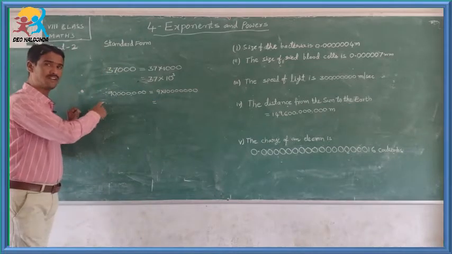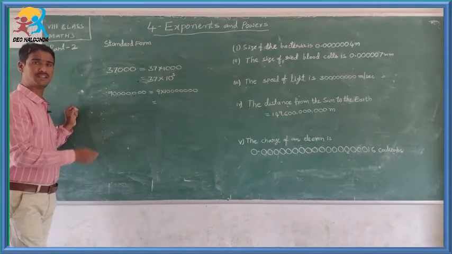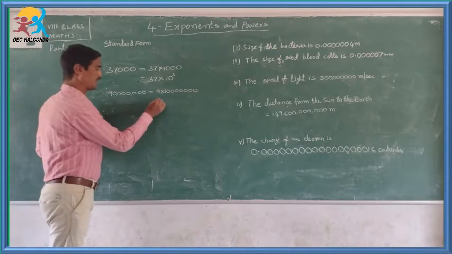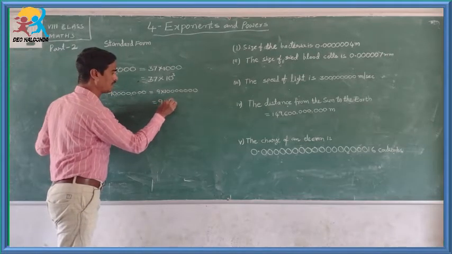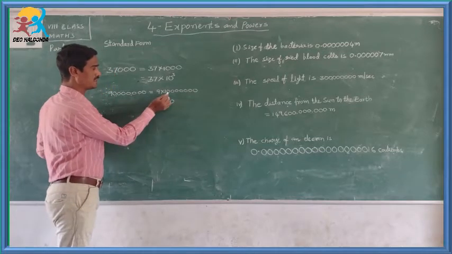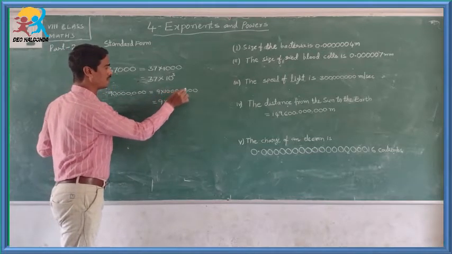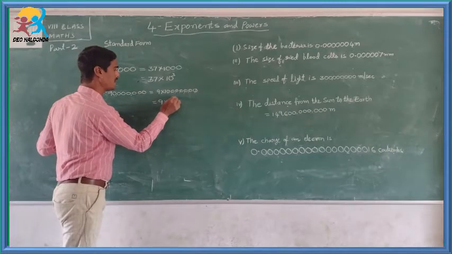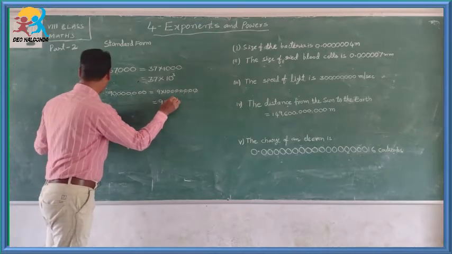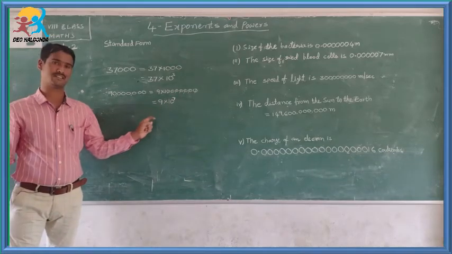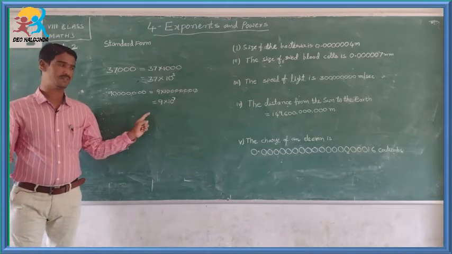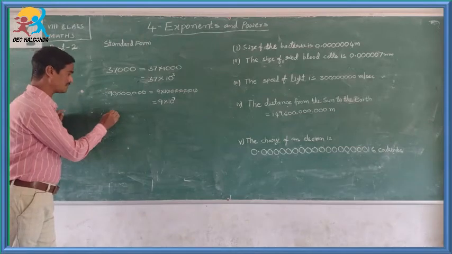So to avoid a long number, you can write it in short form: 9 into 10 power 7. Very easily we can write, children.